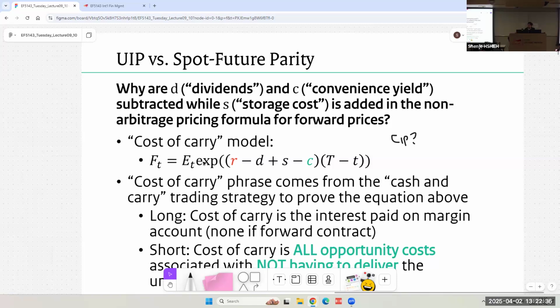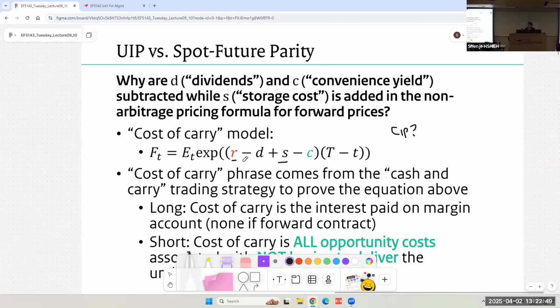The cost of delivering the underlying asset is R and S. S stands for storage cost. Anything that is going to cost more to do, you're going to transfer those costs to the counterparty. So take your position as the short position. Your job is to deliver the underlying asset.